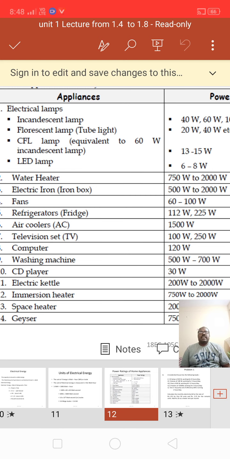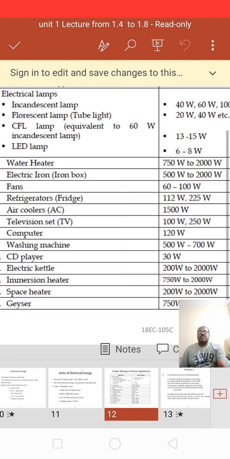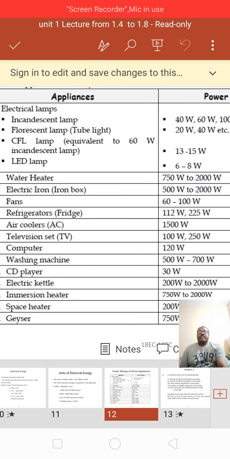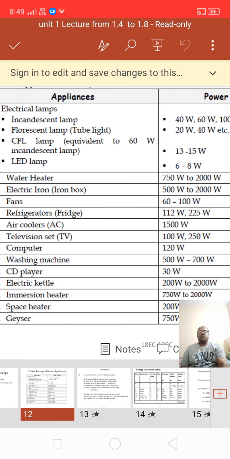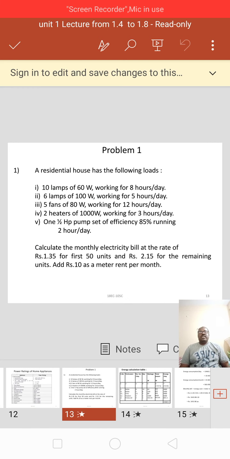Electrical kettle 200 watts to 2000 watts. Immersion heater 750 watts to 2000 watts. Space heater 200 to 250 watts. Geyser takes 250. These are the different power ratings corresponding to the usage in our day-to-day life.